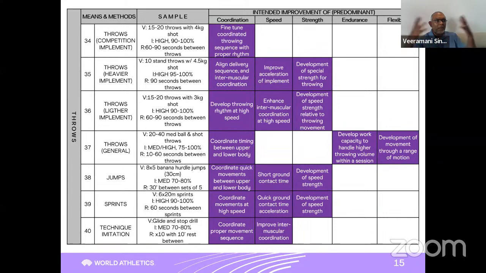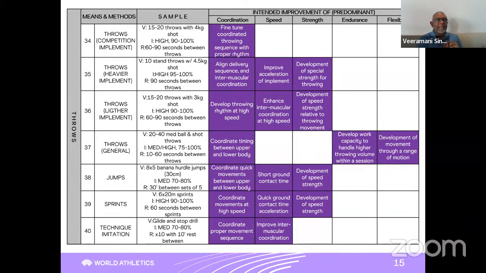General throwing is just normally used for general timing between the body, lower body and upper body. So again, to have a good coordination that we talk about, movement coupling that we wanted to achieve. Okay, of course, also develops work capacity to handle higher throwing volume within a session.